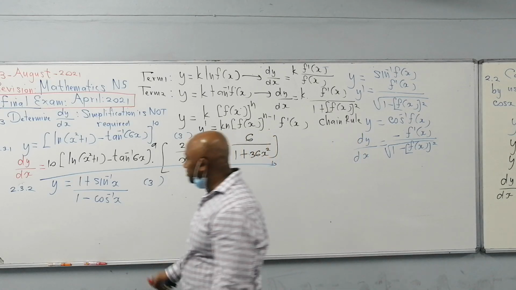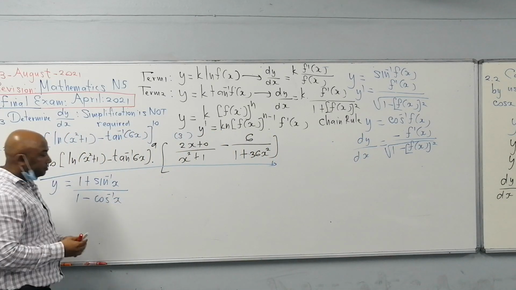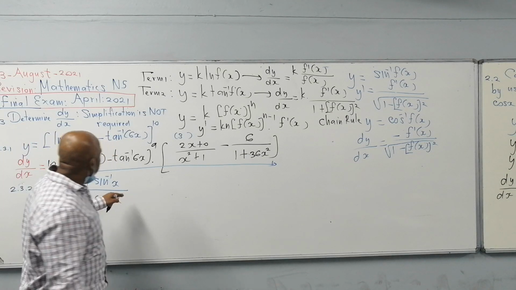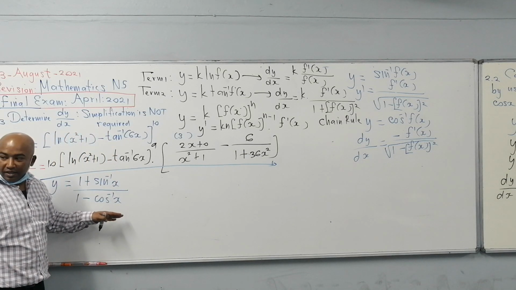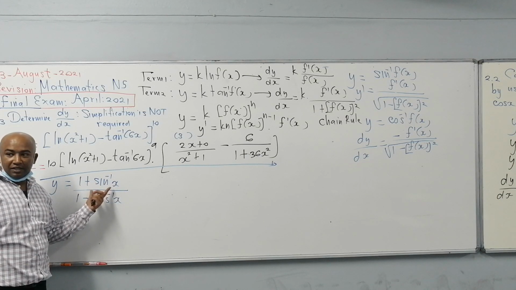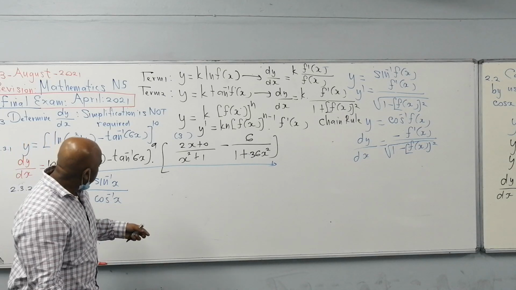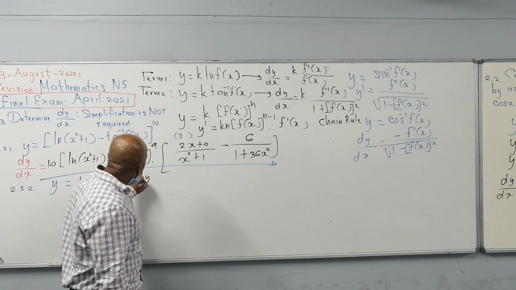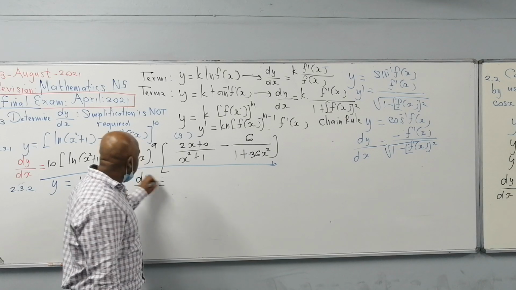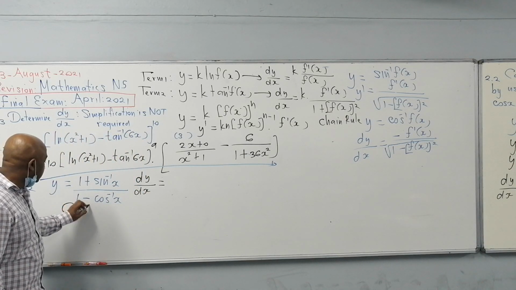Right, so now let's differentiate. So here I can see that this is a fraction. We have a function of x in the numerator and in the denominator. Okay, so we're going to go dy over dx, quotient rule here. Let's write that down.